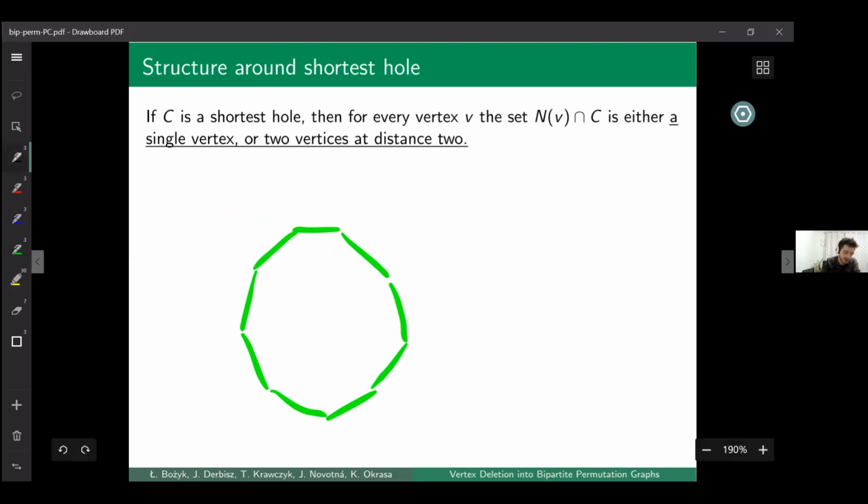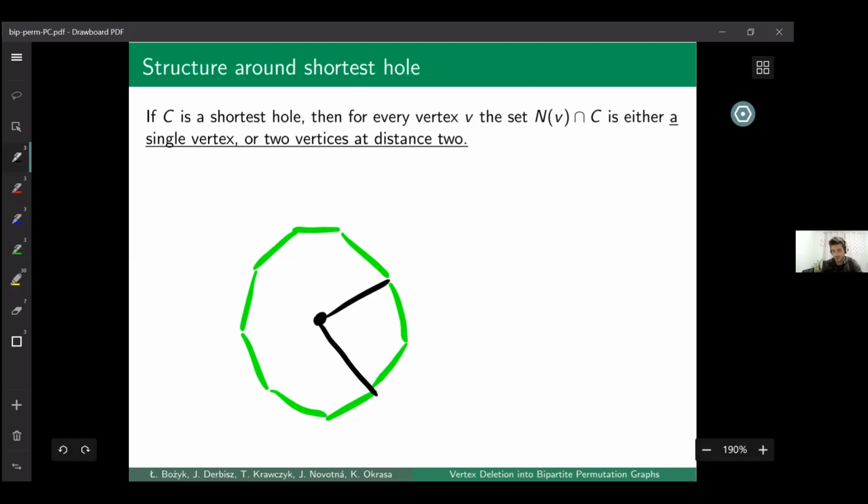For any other vertex in our graph, there is at least one connection since the hole is dominating. If there is exactly one, then we have what we want. If there are at least 2, we cannot have 2 neighboring, because that would yield a triangle.